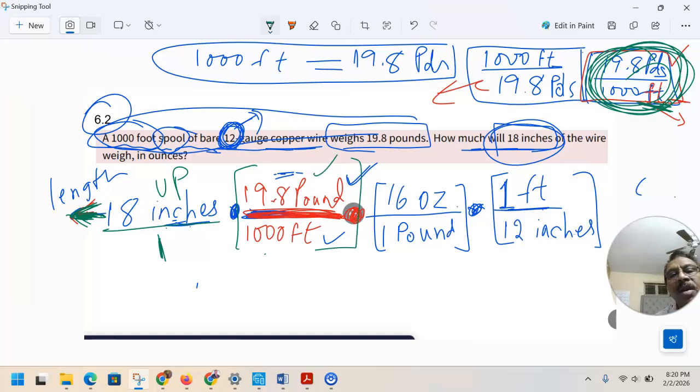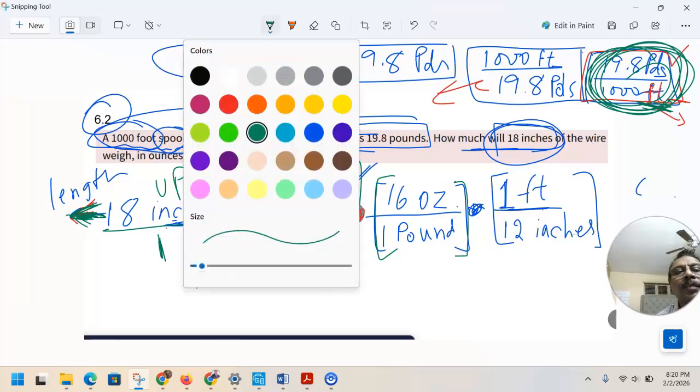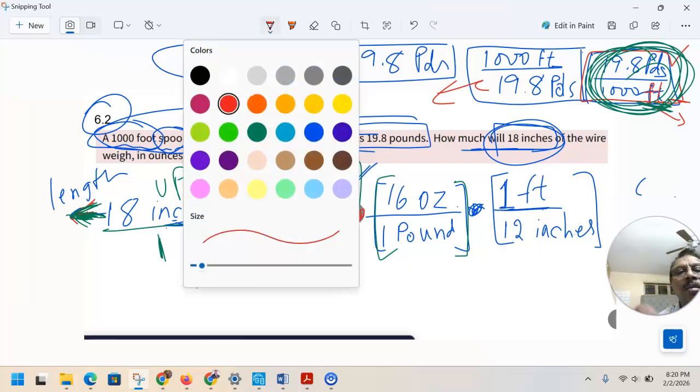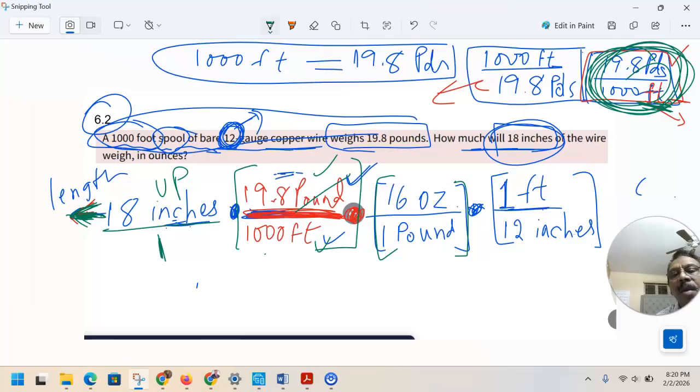Then each of the numerator and denominator has to be converted to pounds. So I multiply this one so that we can cross out the pound, and pound will cross out. The inches and inches will cross out.